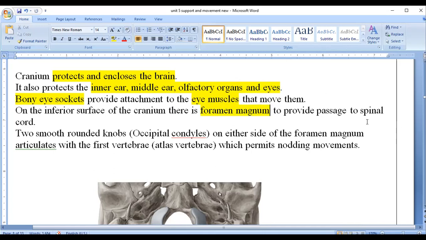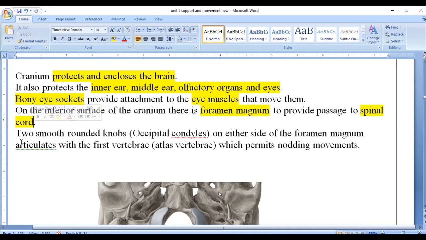Through the foramen magnum, what component leaves the brain? Spinal cord.